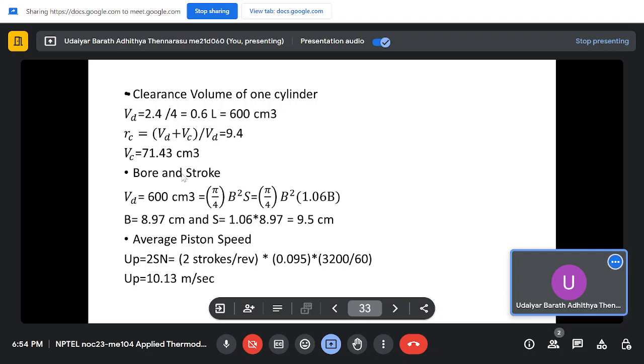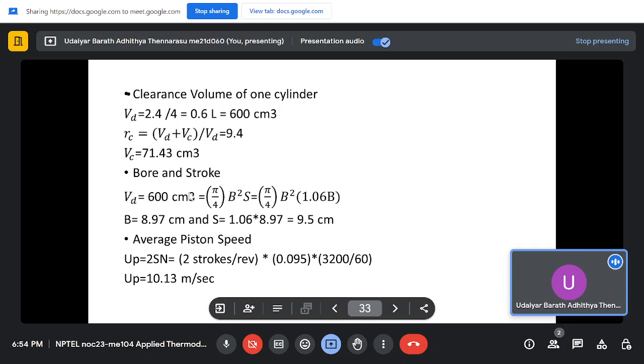Then we need to calculate bore and stroke. We know the displacement volume, and it is expressed in terms of bore and stroke. For a single cylinder it will be pi by 4 into B square into S, bore square into stroke. This is the volume of the cylinder.